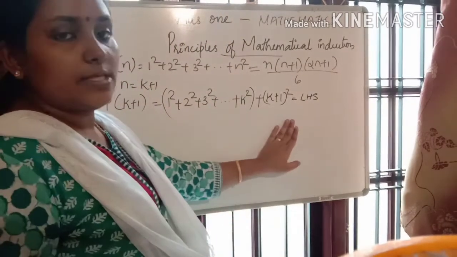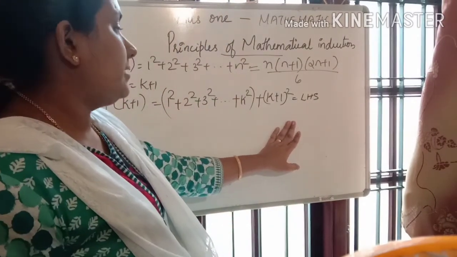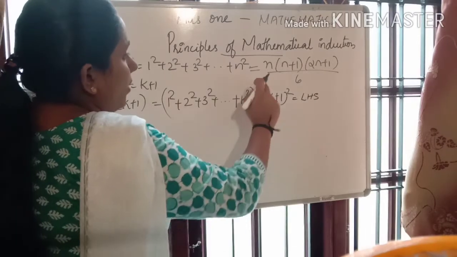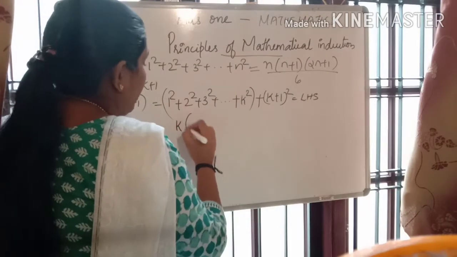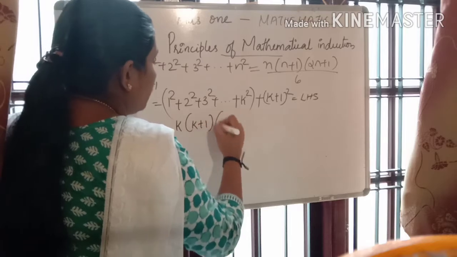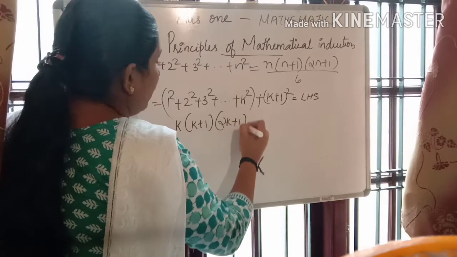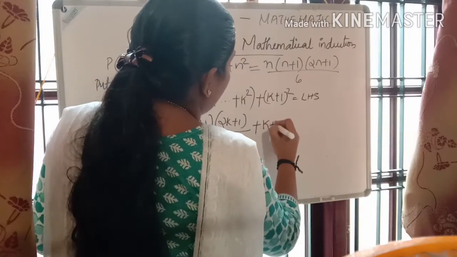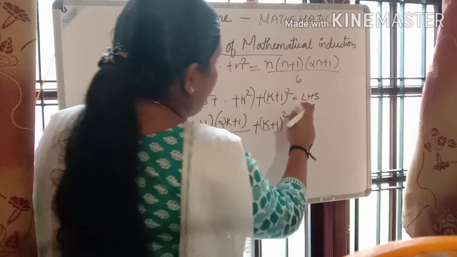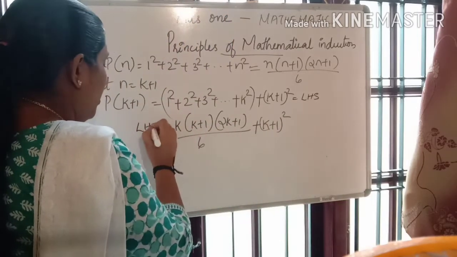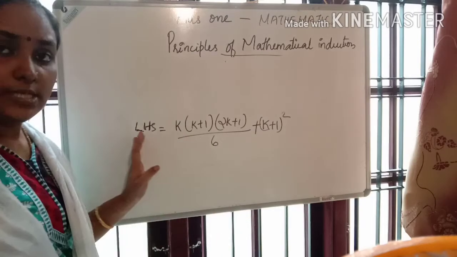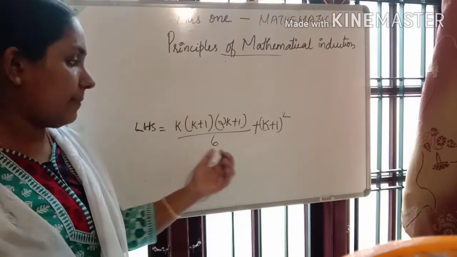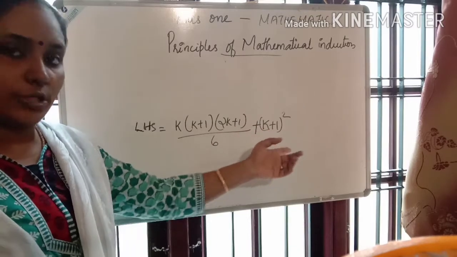So from this we know that 1 plus this value is K into K plus 1 into 2K plus 1 divided by 6 plus K plus 1 the whole square. That is the LHS value. Just see the LHS of this equation: K into K plus 1 into 2K plus 1 divided by 6 plus K plus 1 the whole square.